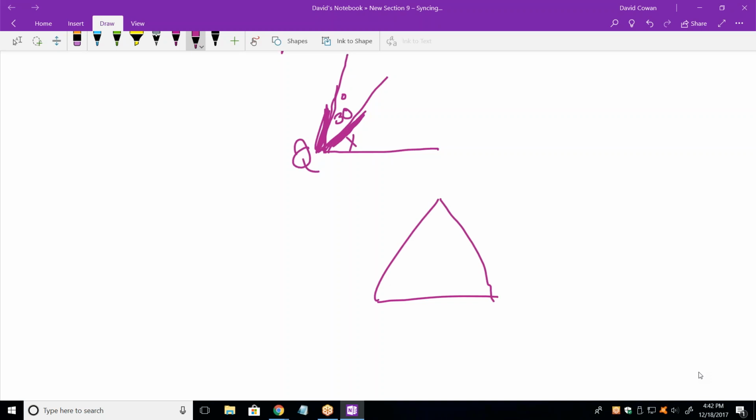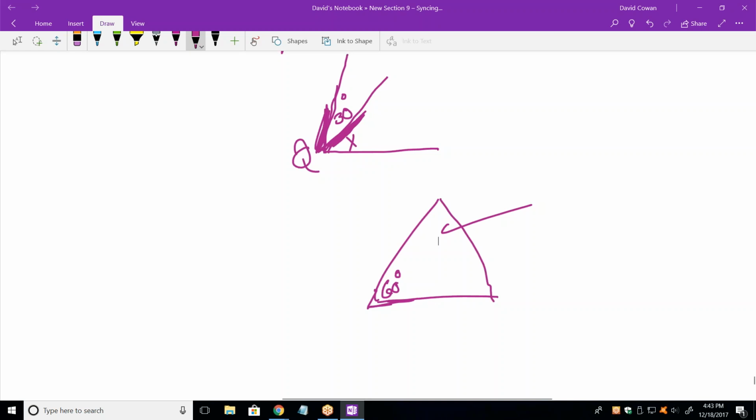In other words, if that's 60 degrees, then I can bisect it and I'll have a 30-degree angle. Well, what figure has a 60-degree angle in it? What kind of triangle? An equiangular triangle. Yeah, exactly. So think about your compass. Remember what an equiangular triangle is also, it's an equilateral triangle.